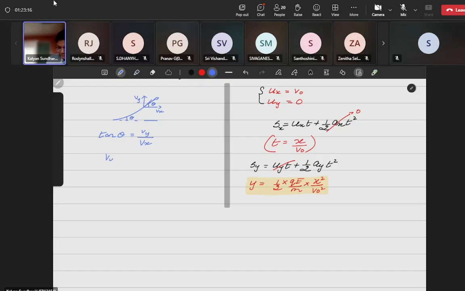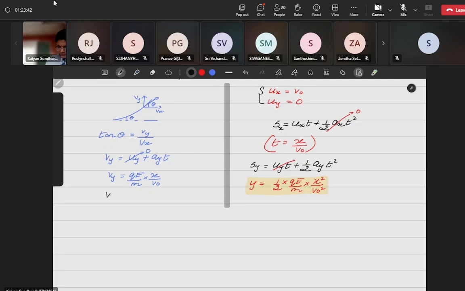What is V along y? How can we find it? Final velocity. Uy plus ayt. Correct? Vy will be equal to uy, and there is no uy value. The value of ay is qE by m, into the value of t, which is x by v0. Vy is found. What about Vx?